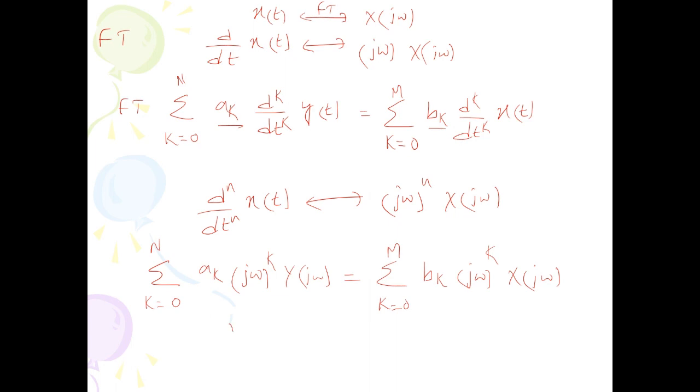So from this, if you take y of j omega common on the left hand side, summation k is equal to 0 to N a_k j omega whole power k times y of j omega is equal to x of j omega summation k is equal to 0 to M b_k j omega whole power k.